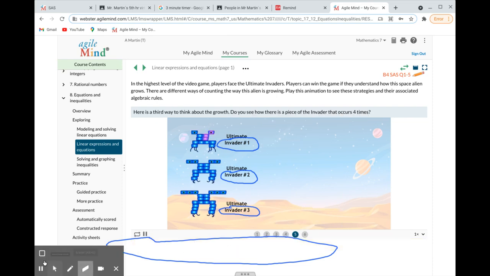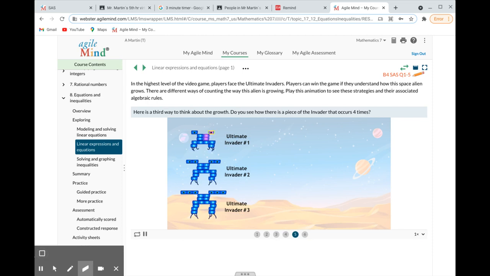All right, let's look at this last way to do it. Brooklyn, I want you to go over this one. What's taking place here? We're trying to figure out how there's a piece of the invader that occurs 4 times.